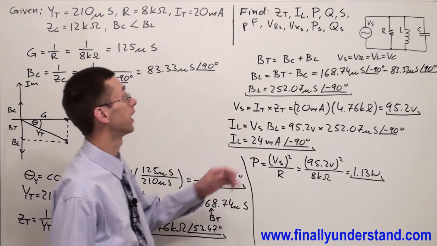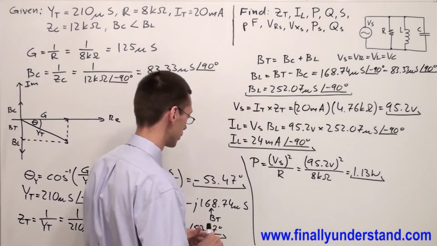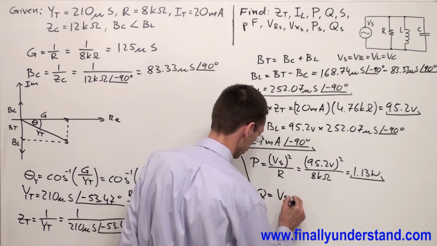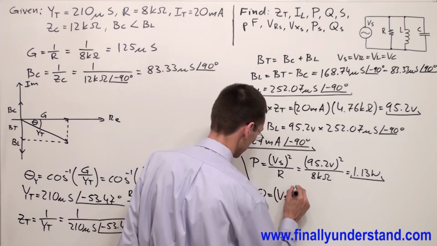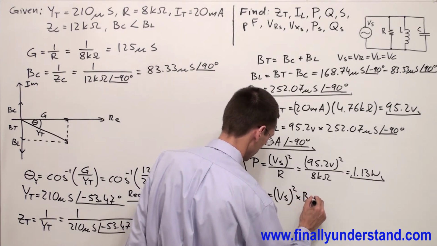Next we are going to find the total reactive power. The formula says Q is equal to voltage source raised to the second power times B total.